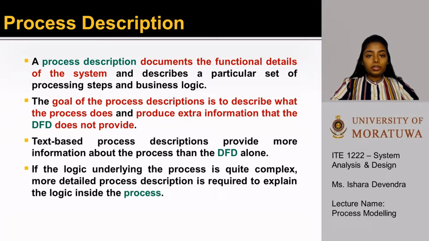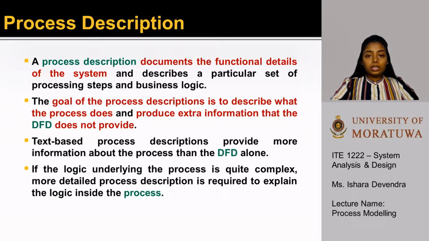The goal of the process description is to describe what the process does and produce extra information that the data flow diagram does not provide. The text-based process description provides more information about the process than the data flow diagram alone. If you want to know more details about the data flow diagrams, you can refer to the previous lesson.